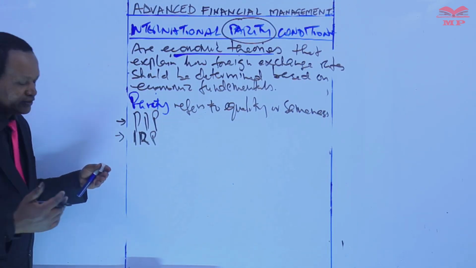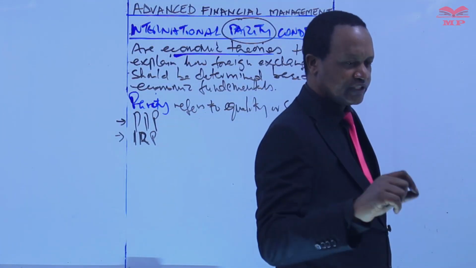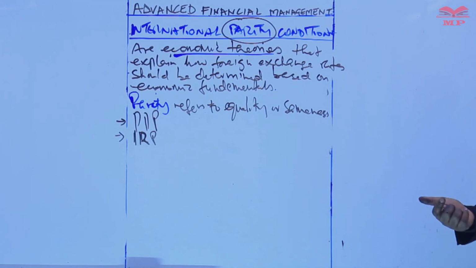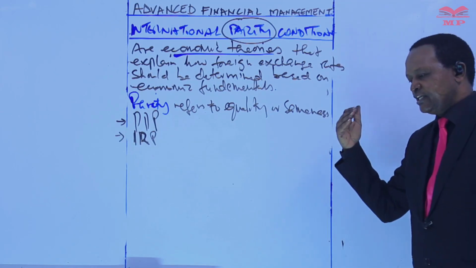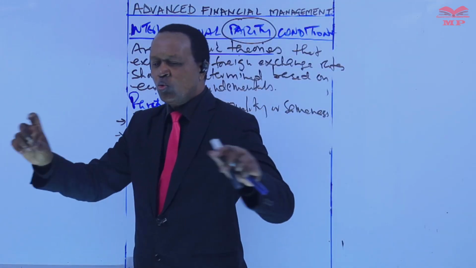You understand? If interest rates in countries are different, that's what we are calling interest rate differentials. So we're saying here that the differentials in interest rates between the countries should be equal to the expected change in the foreign exchange rates. Should be equal.